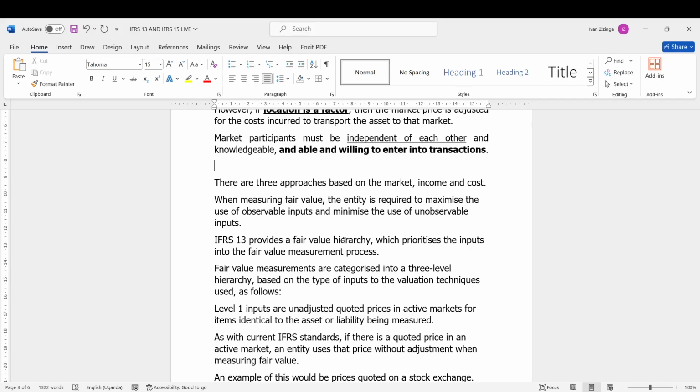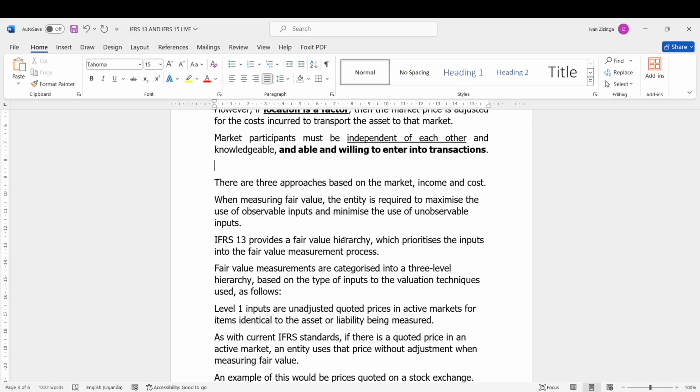You do not have to adjust the value of MTN shares because the price is already known. That is an observable input. But there are situations where you cannot find such inputs, and you have to look at the future cash flows, then discount them to get the value in use.